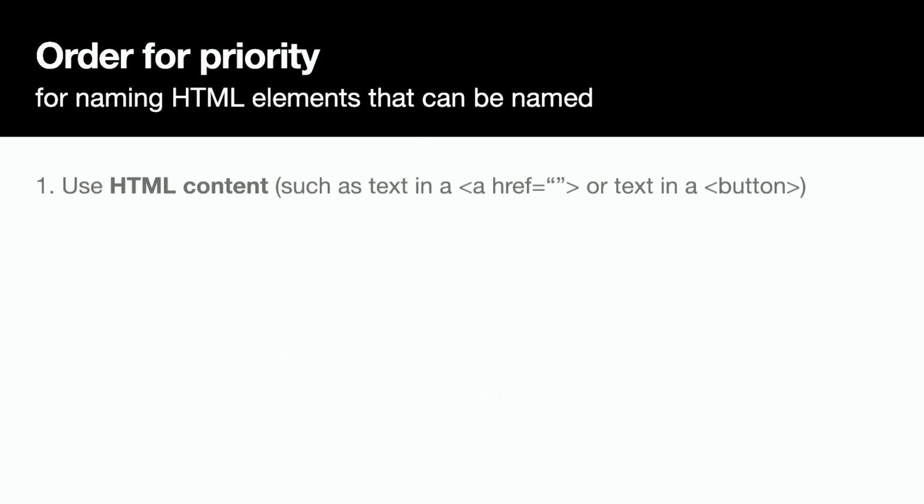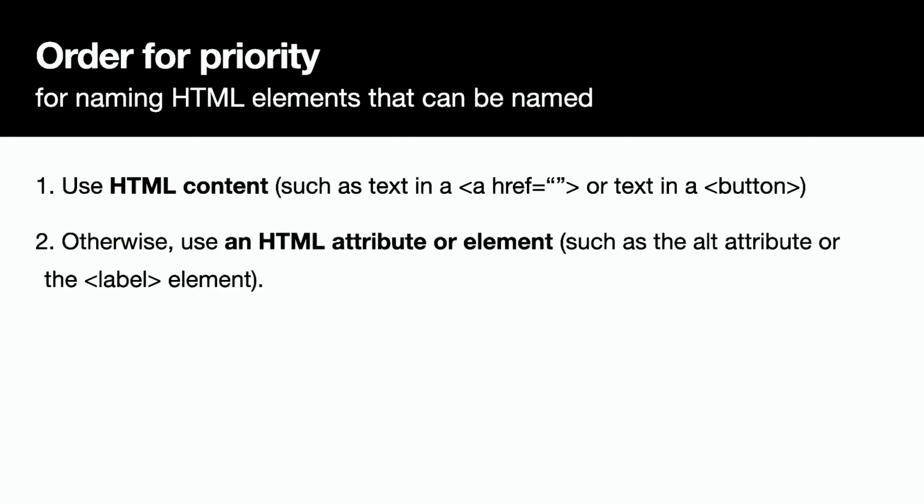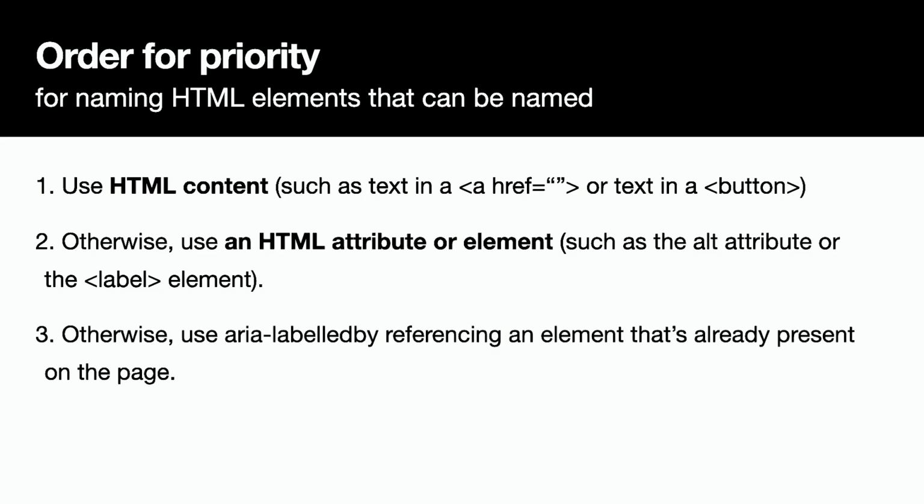In other words, when you provide an accessible name to an element, use HTML content. If the element can get its accessible name from its content, like buttons and links, use that. Otherwise, if the element can get its accessible name from an attribute, like the image element, or from another element, like inputs and labels, use that. Otherwise, if it can't, an example of that being section elements, which cannot get their accessible names from their content or from attributes, title excluded, you should not use it.